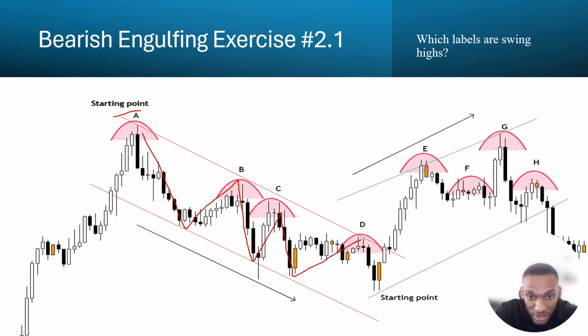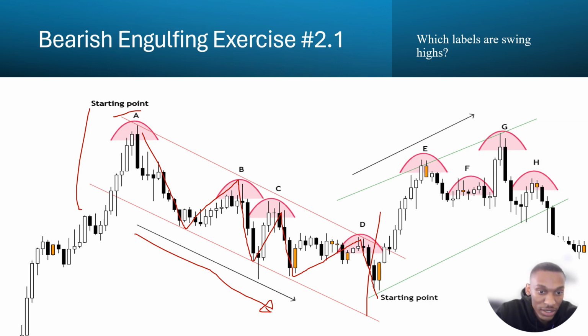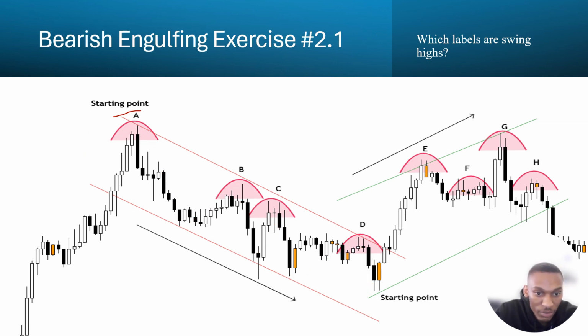D is a swing high, and impulse, and then it ends here. So A, B, C, D, they are all swing highs in a bearish movement, considering this period from here all the way to here. But then things change now, as you can see here, starting from D all the way to H, the market is in an upward movement. We're now in a bullish movement. It's no longer a bearish one.